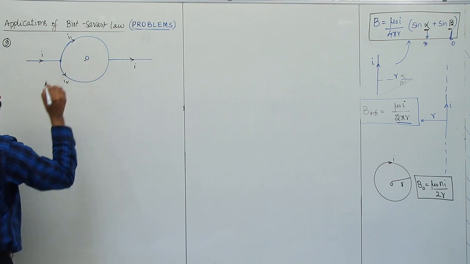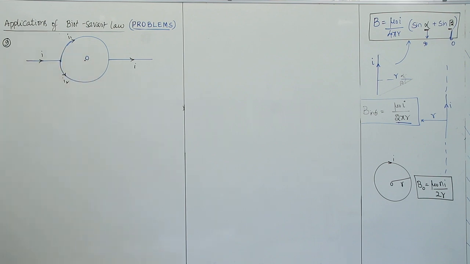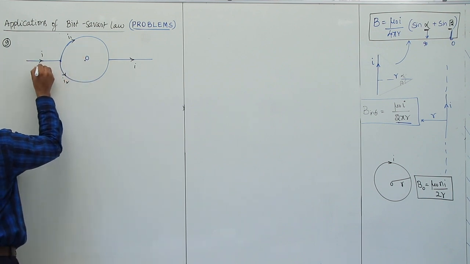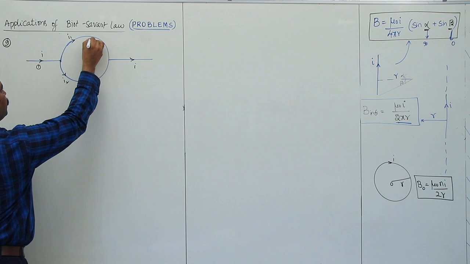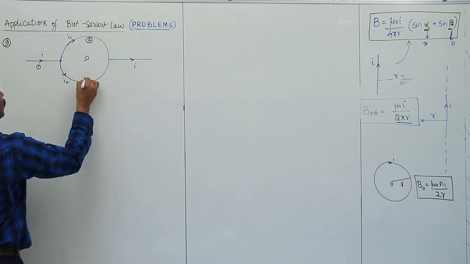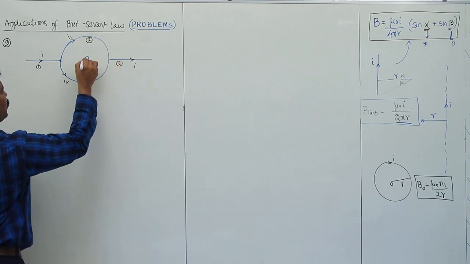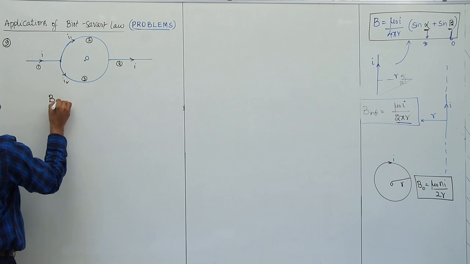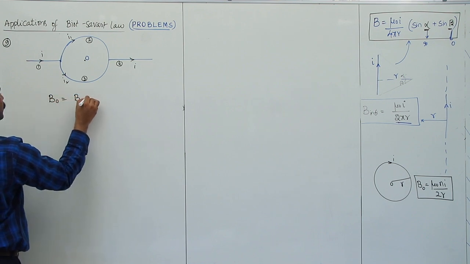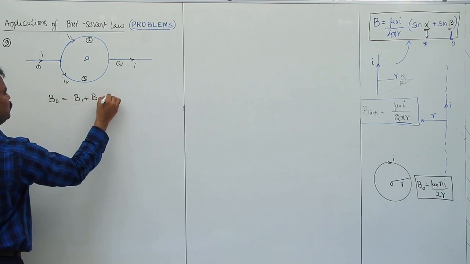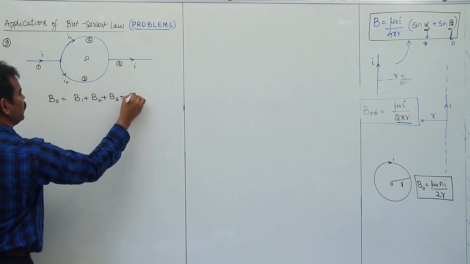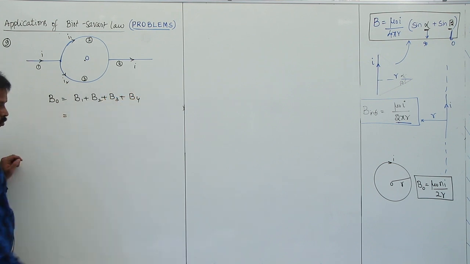So what is the magnetic field at the center? First of all, I can divide this into 4 parts. This is the first part, half semicircle here, second part, third part, fourth part. So the magnetic field at center O is the sum of the magnetic field due to these 4 portions, B1 plus B2 plus B3 plus B4.